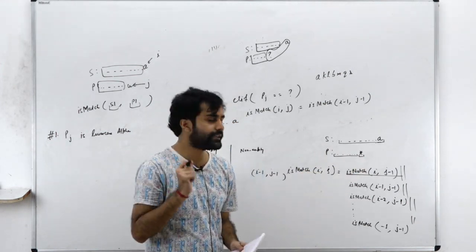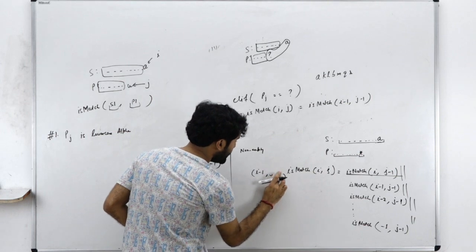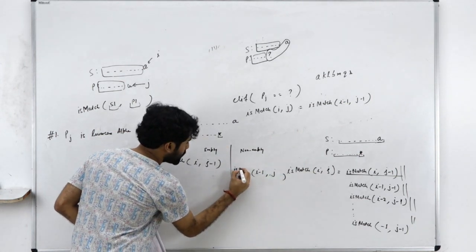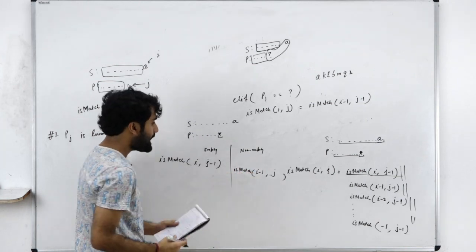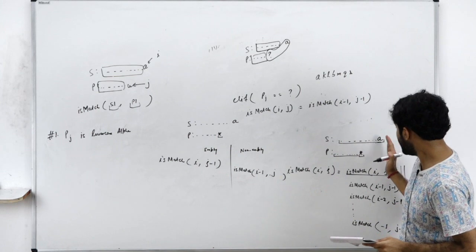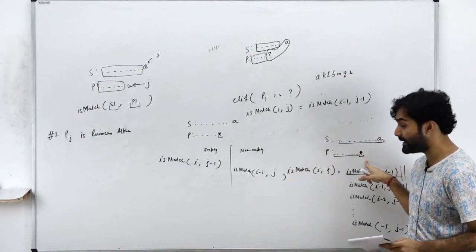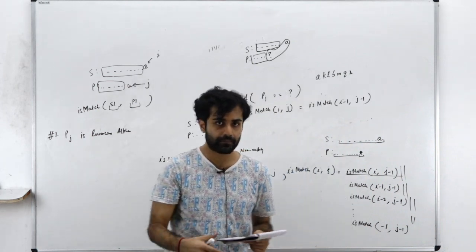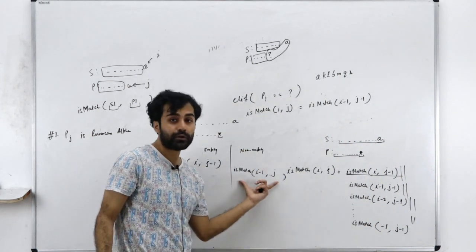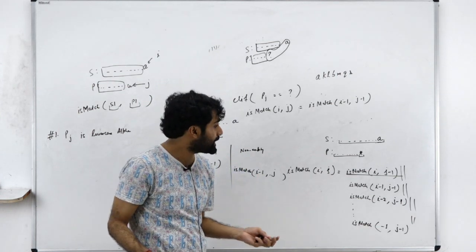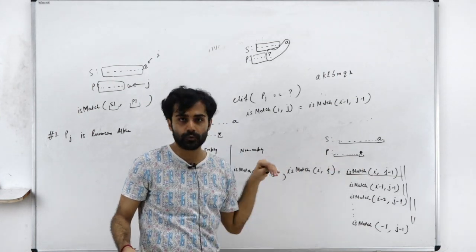So instead, what you can do is make a call for i minus 1, comma j, and call isMatch for this. And why I'm doing this is because if I decrement my i but do not decrement my j, then whenever this particular call is made, I'll again have an opportunity to consider the same character once more.